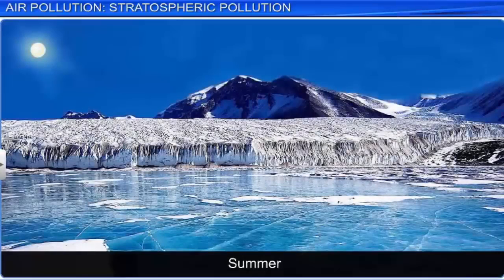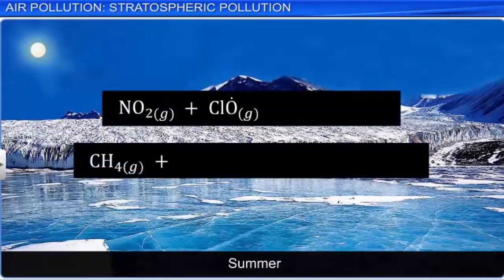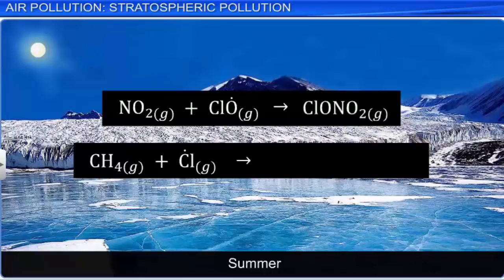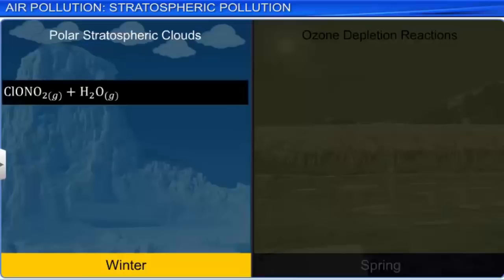During summer, nitrogen dioxide and methane react with chlorine monoxide and chlorine free radicals and form stable reservoir compounds like chlorine nitrate, ClONO2, and hydrogen chloride, HCl, respectively. In winter, the polar stratospheric clouds provide a surface by which chlorine nitrate hydrolyzes to hypochlorous acid and nitric acid.